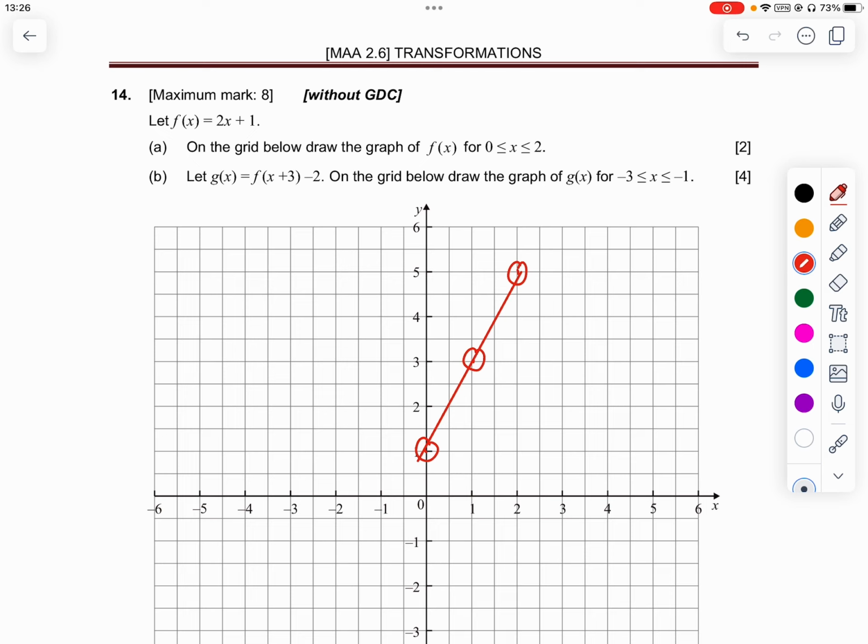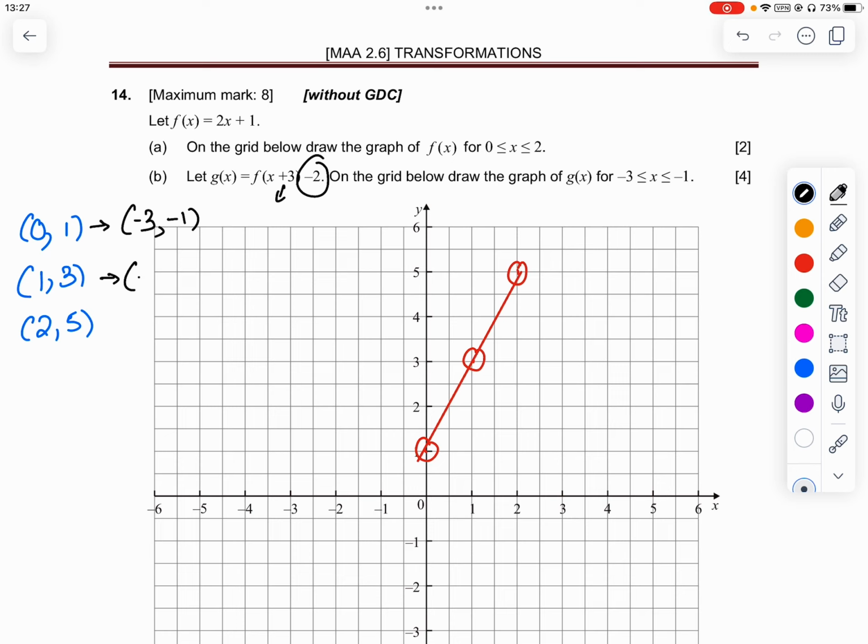f of x plus 3 minus 2. So 0, 1, 1, 3, 2, 5. Now 0, 1. So f of x plus 3, x moves minus 3, so minus 3, and y moves minus 2, minus 1.